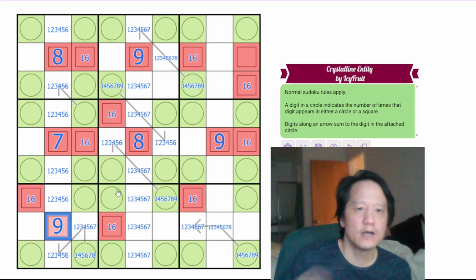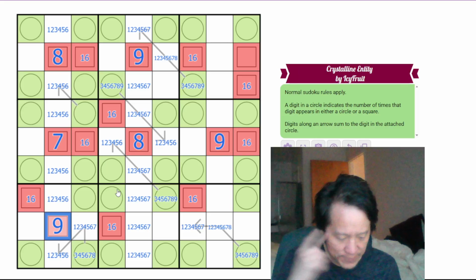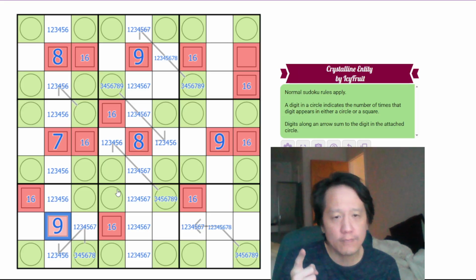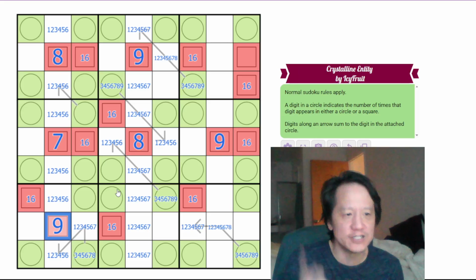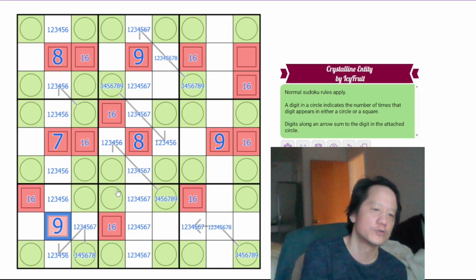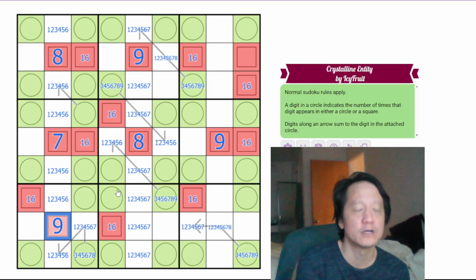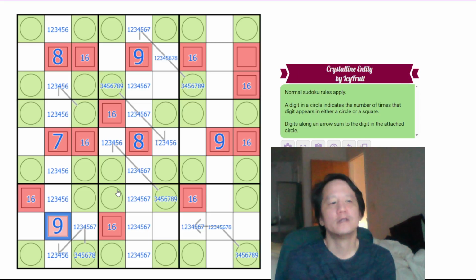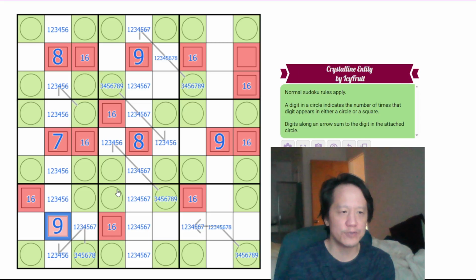So, we have 31 circles. We already accounted for 6 digits, which have to be in squares. Sorry, not boxes, squares. That means, and they have to be in the circle.